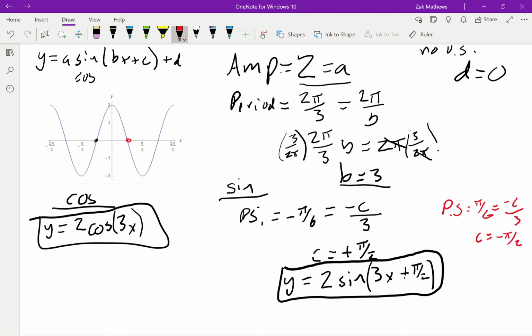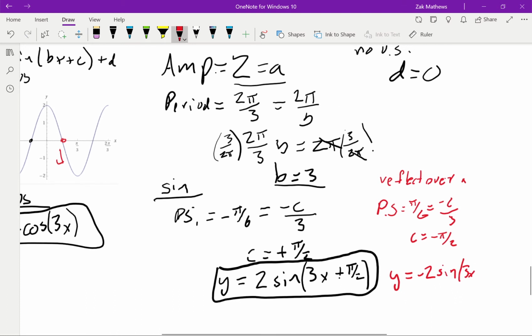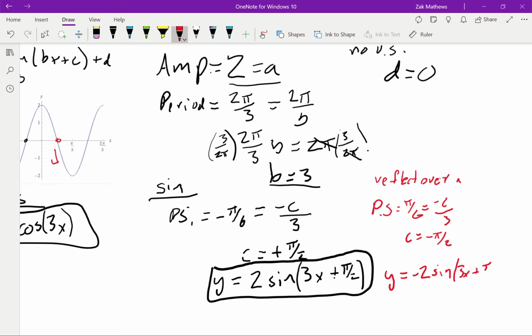But what we also said on this version is because it's going down first, we have to use a reflection. We're going to reflect over the x. So we could also write this as y is equal to negative 2 sine 3x plus pi over 2.